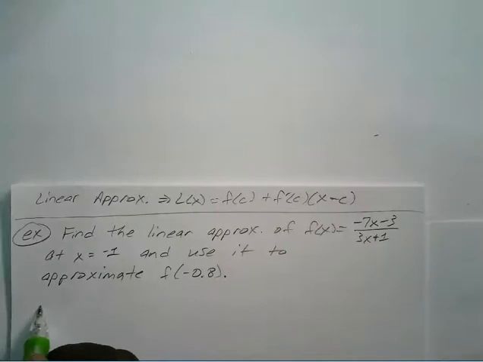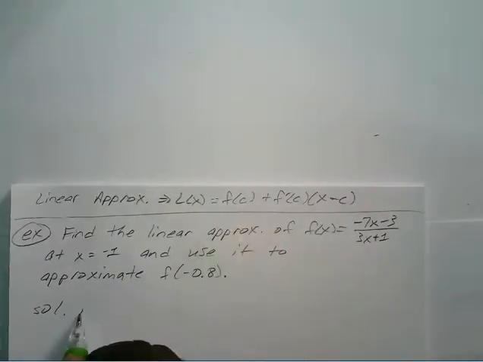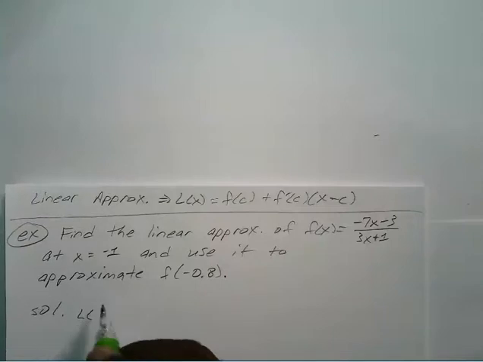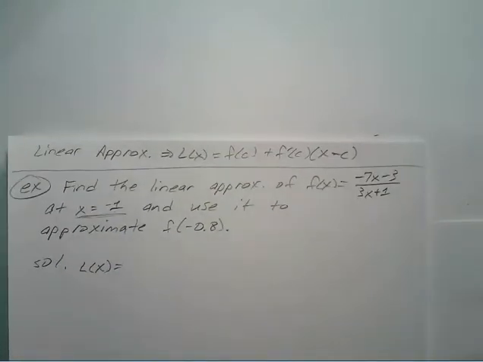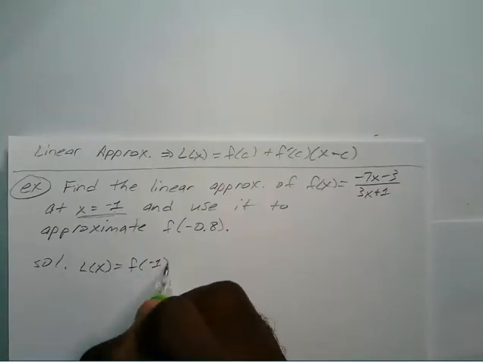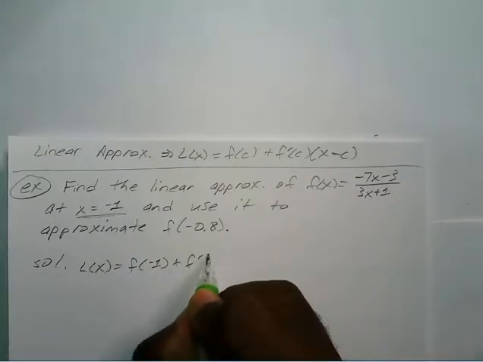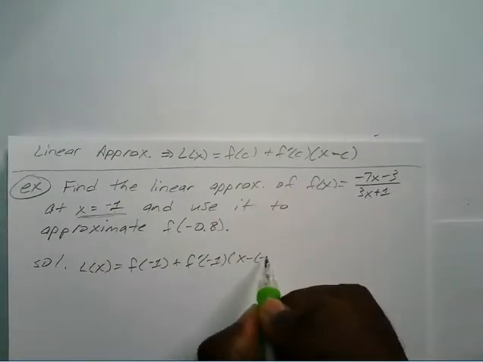Alright, so using our linear approximation formula, c is equal to negative 1. That part we know. So we're going to fill in f of negative 1 plus f prime of negative 1 times x minus negative 1.